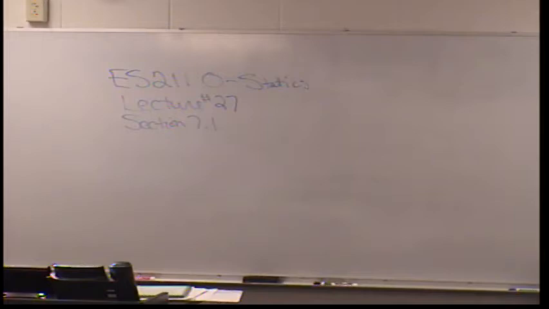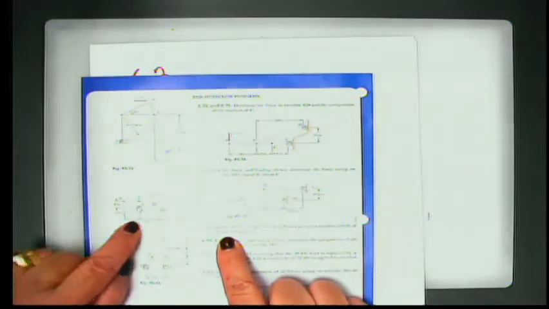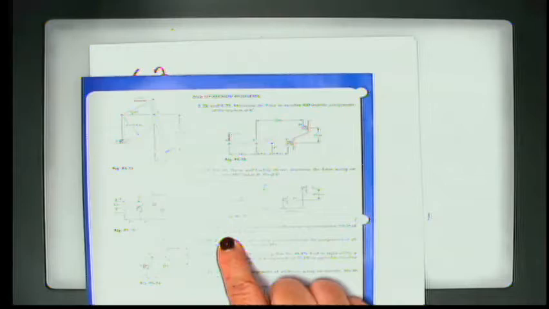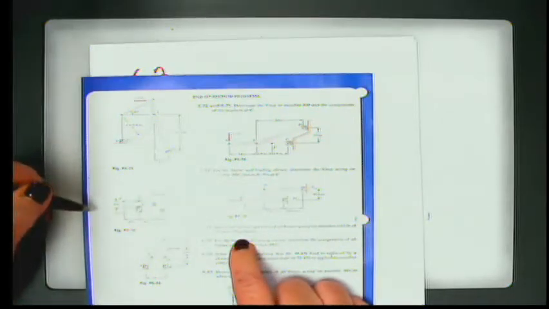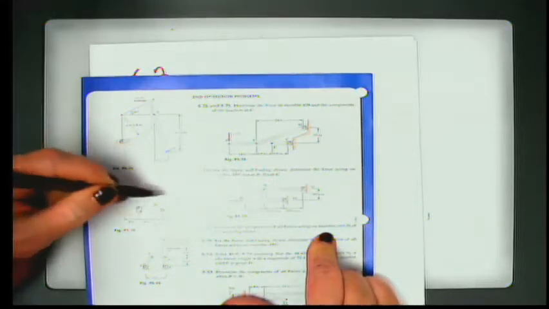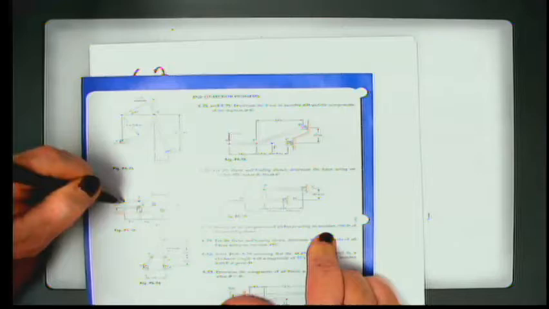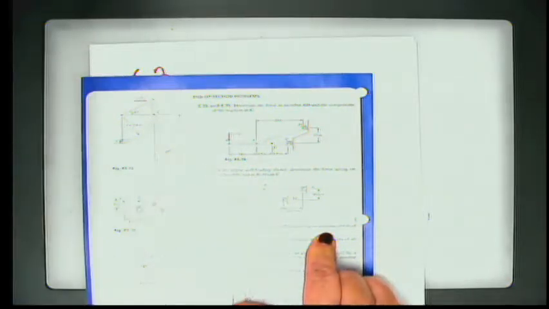at 6.78. All right. So we are, oops, you probably want to see that picture. And we are looking at this piece right here, which says determine the components of all forces acting on member A, B, C, D as shown.